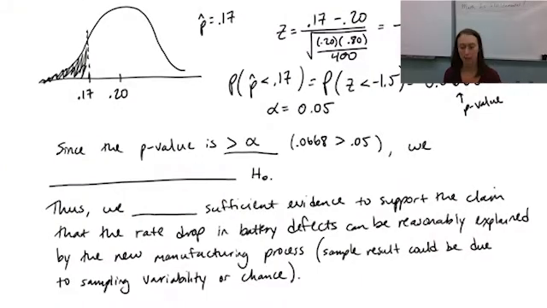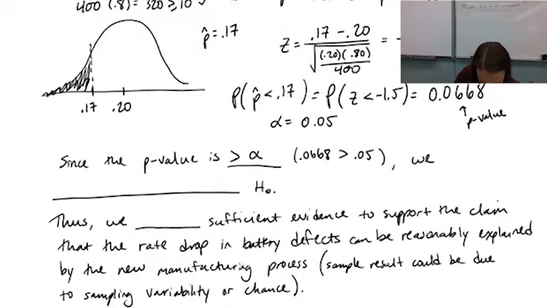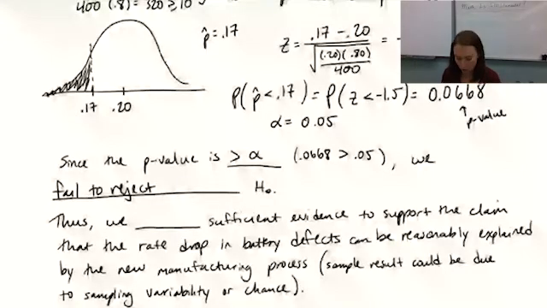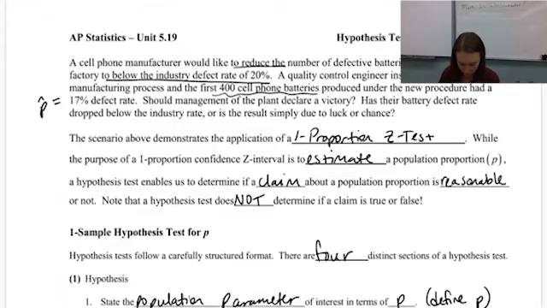Our p-value is greater than alpha. If it's greater than alpha, then we fail to reject H naught.